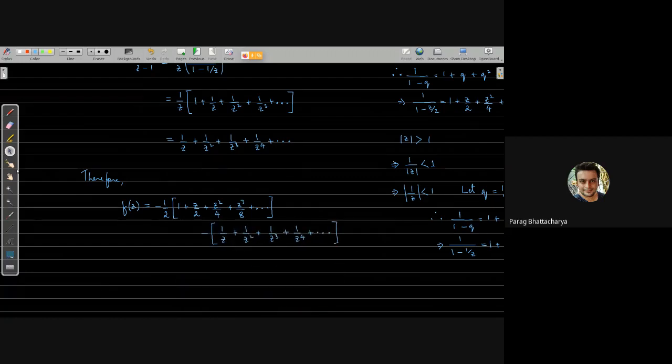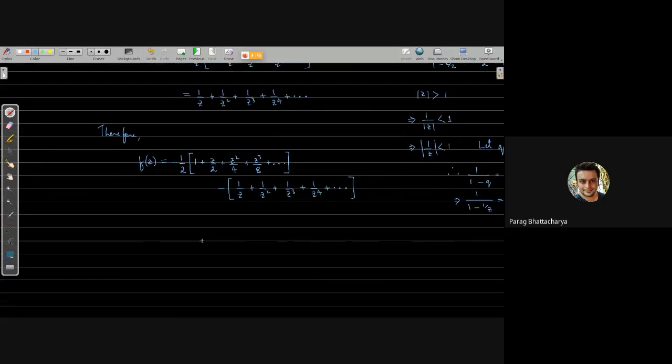So over here, we'll get minus 1 by 2, minus z by 4. Sorry, this will be minus because this is a minus. Minus z by 4, minus z square by 8, minus z cube by 16, minus, and so on.